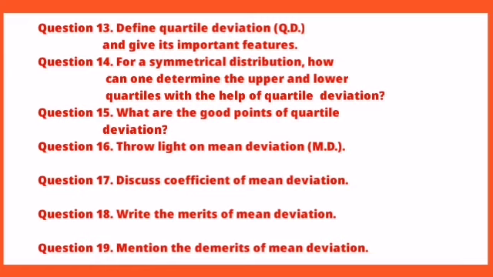Question 15. What are the good points of quartile deviation? Question 16. Throw light on mean deviation, or MD. Question 17. Discuss coefficient of mean deviation. Question 18. Write the merits of mean deviation. Question 19. Mention the demerits of mean deviation.